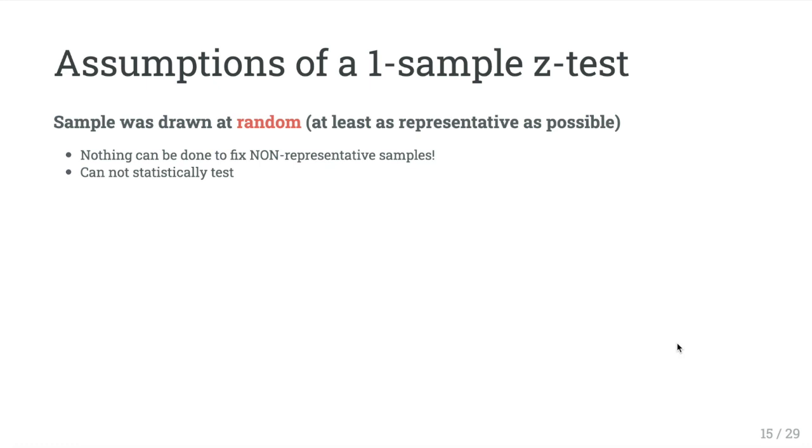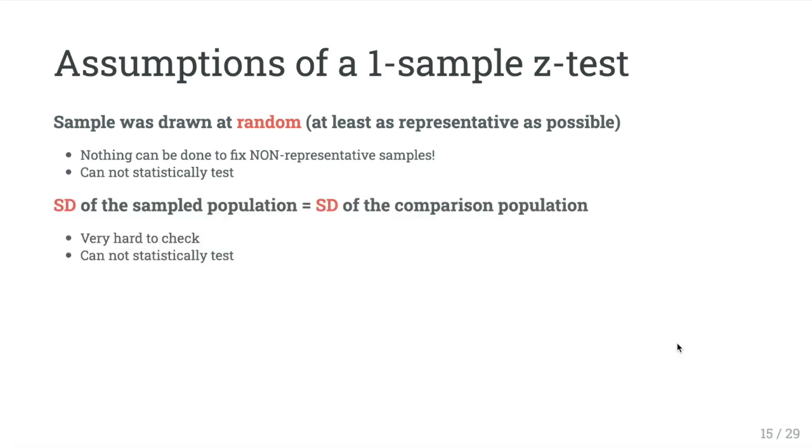It's just part of the assumptions that we're making. And you can't test it. You can't say, oh yeah, this looks like a random sample. The best you can do is look at different characteristics and try to understand, does this look like it represents our sample or our population? We're also assuming that the SD of the sample population is the same as the comparison population. This one's hard to check, and we can't statistically test it, so we can't test that assumption.